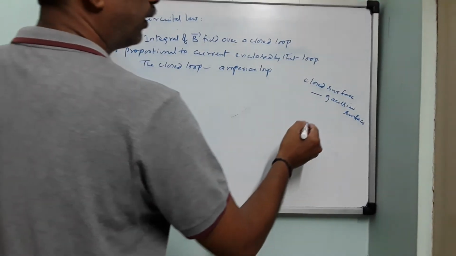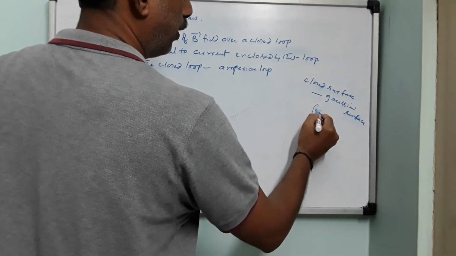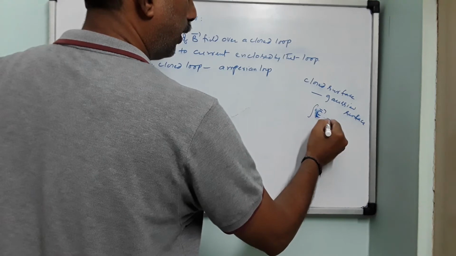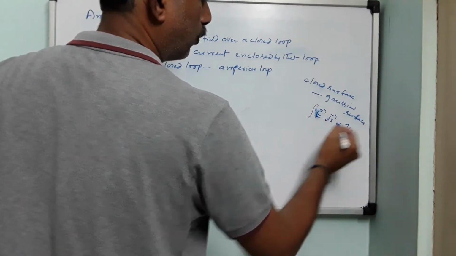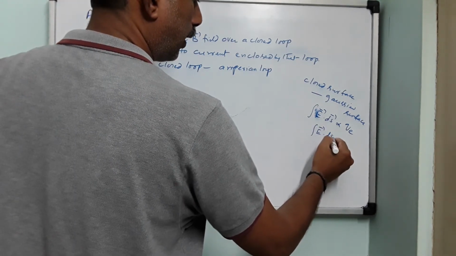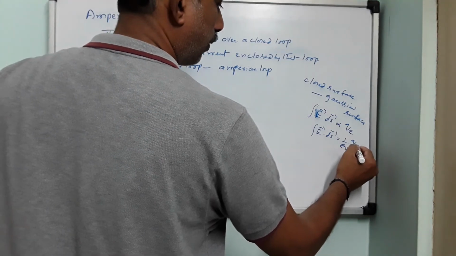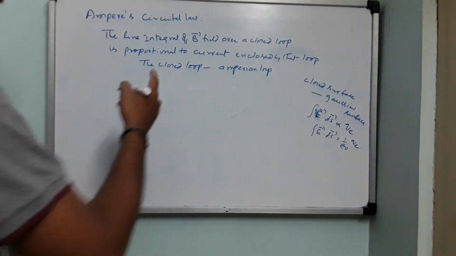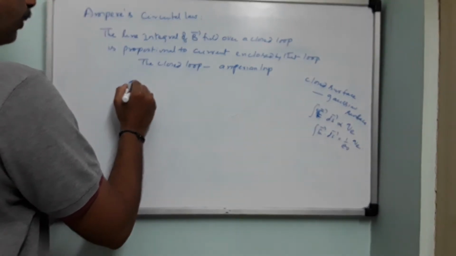So this we have defined as the surface integral of E dot ds is directly proportional to charge enclosed. Then we wrote it as integral E dot ds equals 1 by epsilon naught, the constant, multiplied by QE. In the same lines, we are going to define the Ampere circuital law in mathematical form.